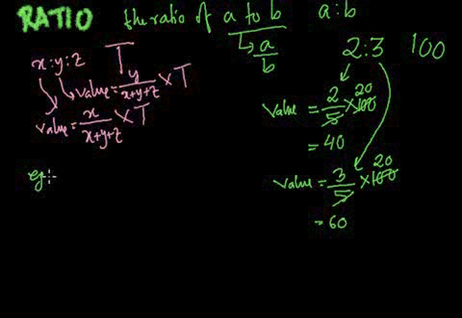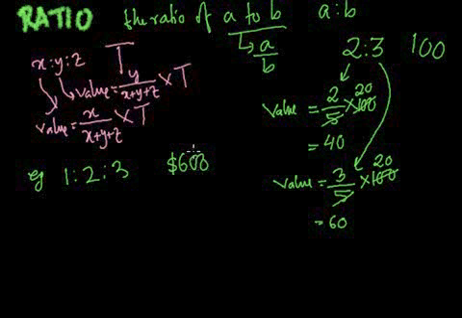An example for this is, suppose you want to break down something in the ratio of 1:2:3. So altogether there are 6 portions. Suppose you want to break down $600. Okay, so $600 now has to be distributed among 3 people.